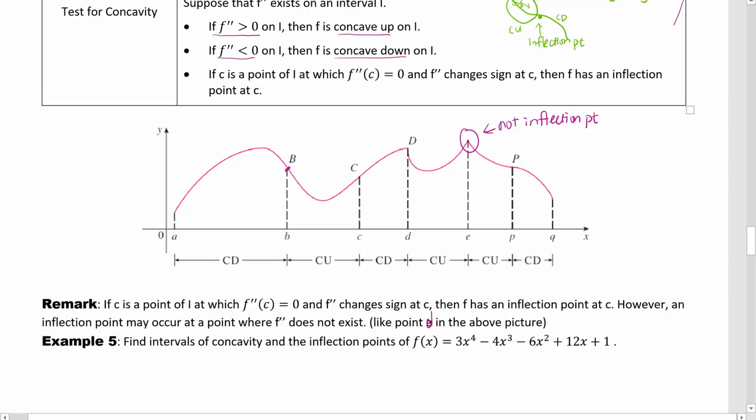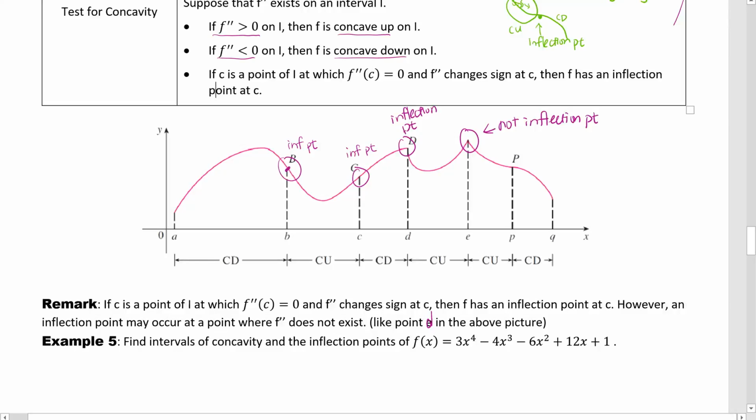Okay? And D, see, it changed from concave down to concave up. So this is an inflection point. Okay, but however, E is not an inflection point, but the point D is. How about point C? Yes, it's also an inflection point. How about point B? Yes, it's also an inflection point.